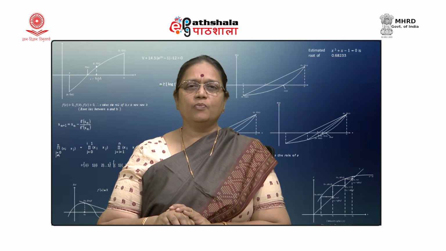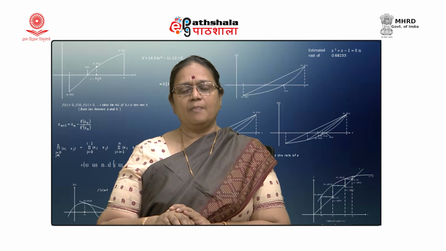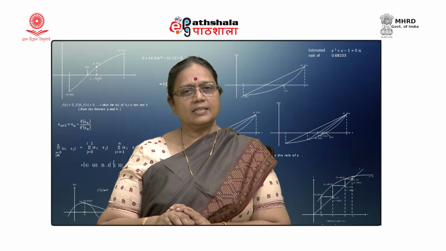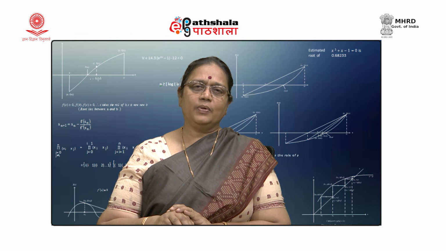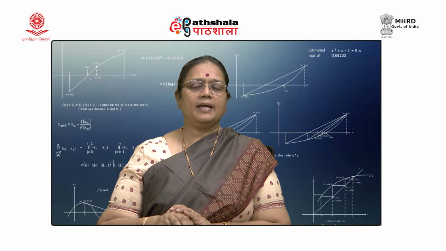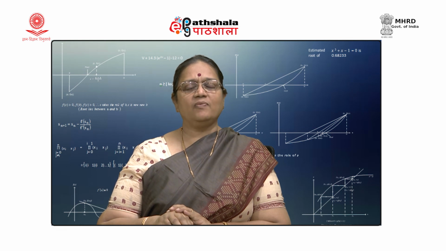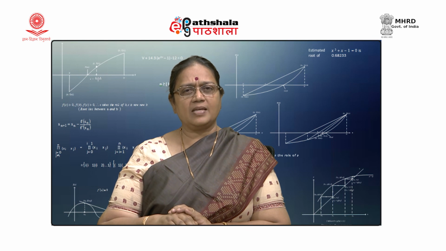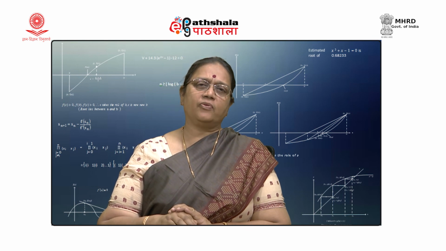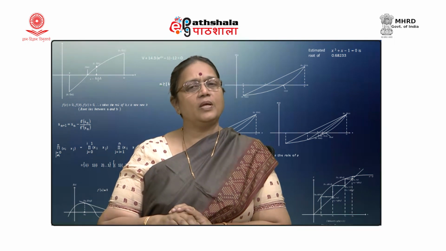And then we would like to move to multi-step methods, because what we have learned so far are single step methods. In multi-step methods, when we try to find y at the point x i plus 1, y i plus 1 will be obtained not only from the value at one previous step y i, but it will also use the values of y at more than one previous step, y i minus 1, y i minus 2 and so on.